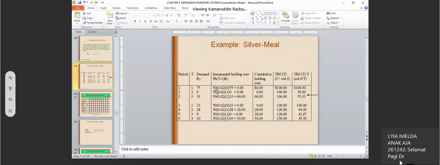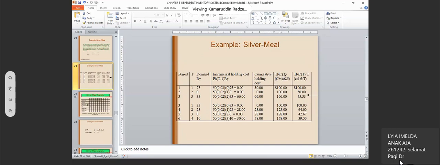So the price per unit is 50 ringgit, multiplied by the holding cost fraction 0.02, and multiplied by T minus 1. T minus 1 here is 0, and multiplied by RT, the demand in the gross requirement, 75. So the incremental holding cost is 0, and the cumulative holding cost will also be 0.